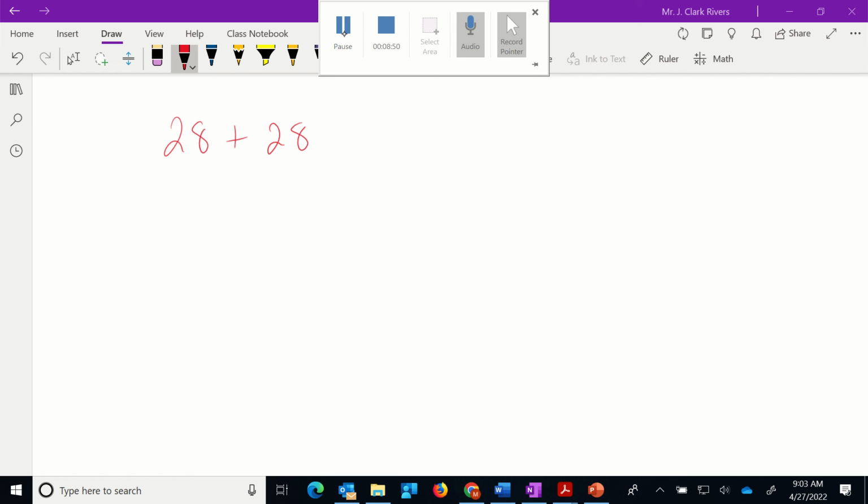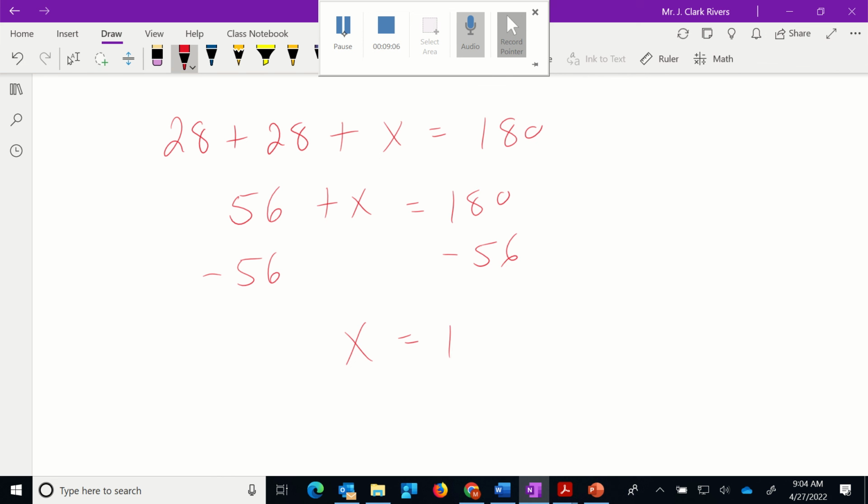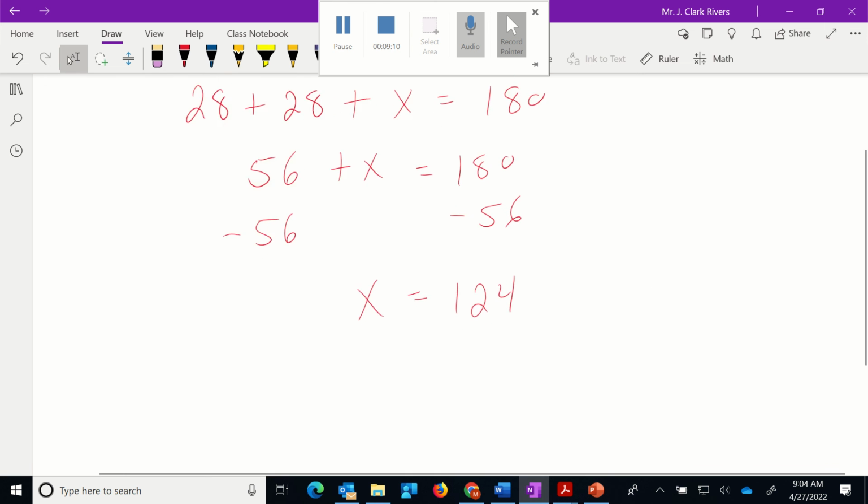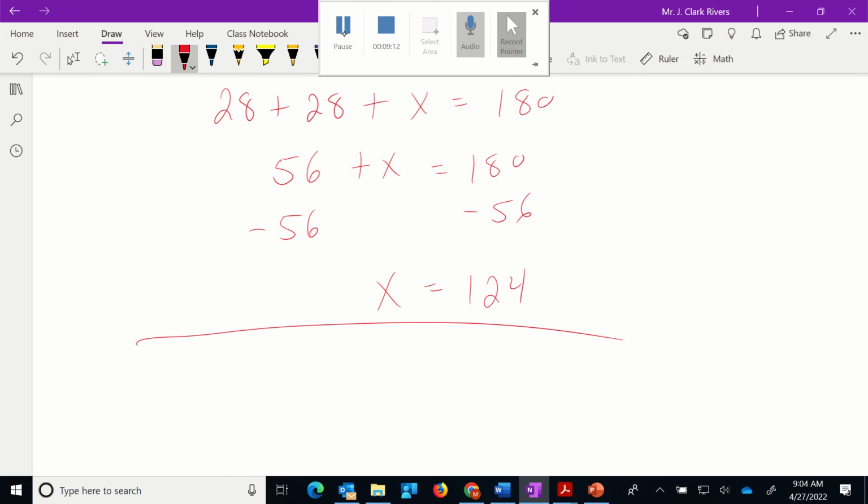So we can say 28 plus 28, that's going to be 56, plus x equals 180. We subtract 56 from both sides, and we get x is equal to, let's see here, what is that going to be? 124.